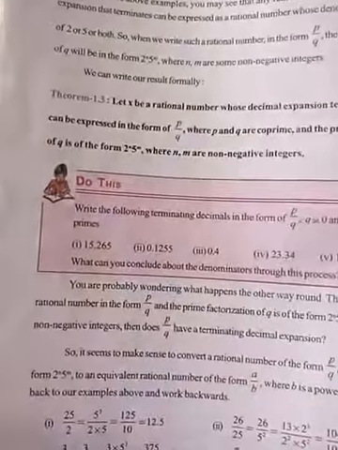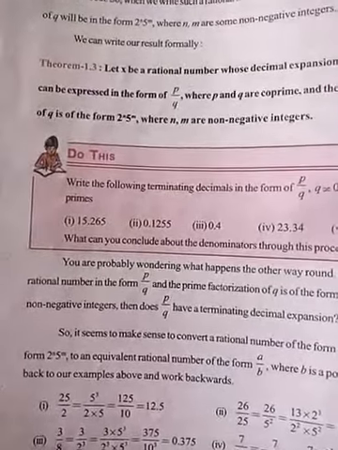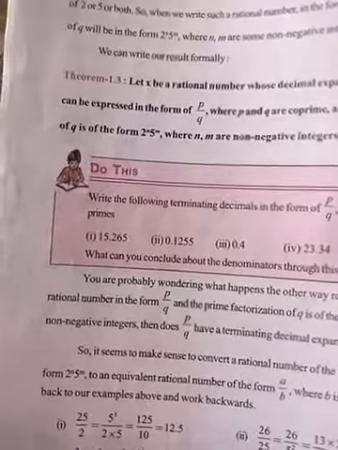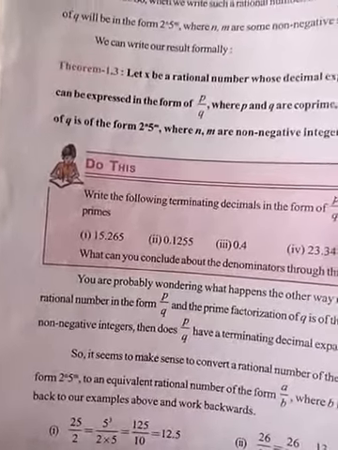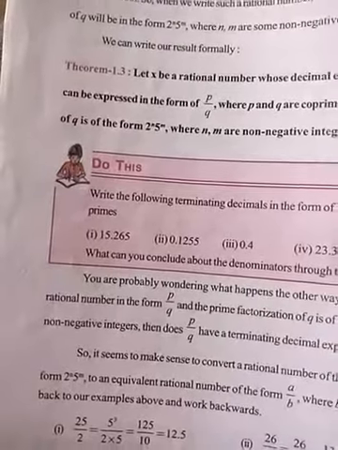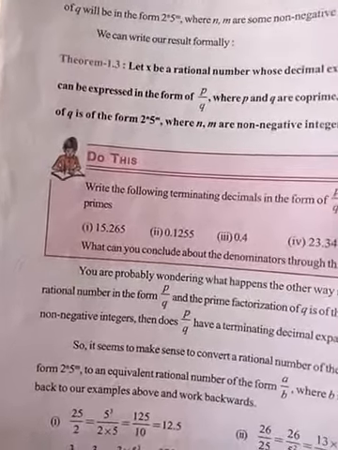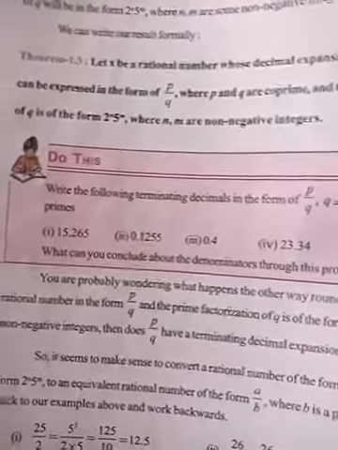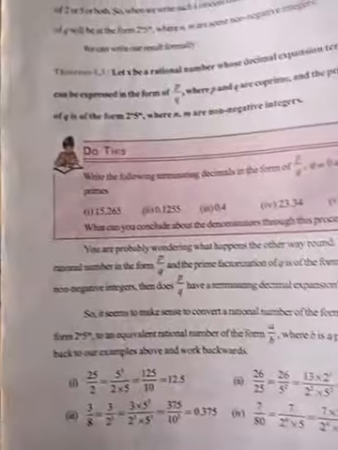Now the prime factors of 1000, right? What do we get? 2 power n into 5 power m formation. Only 2s and 5s are the prime factors here. Okay? For each and every question given, do this.